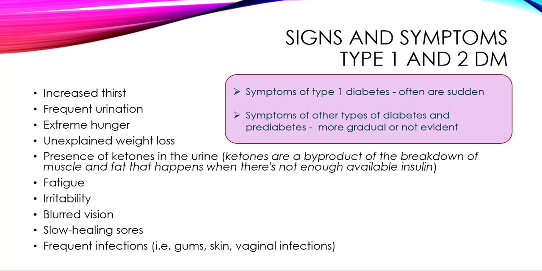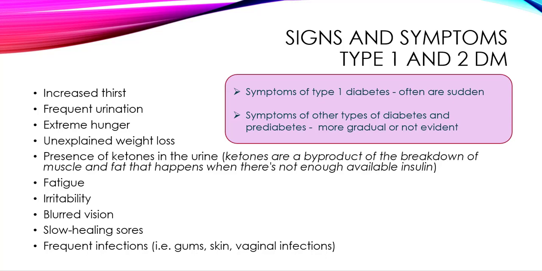Frequent urination happens because you are having to get rid of the ketones, which are the result of using muscle and fat for energy instead of glucose. And then, of course, the more you urinate, the more fluid you are losing from your body, and so that's going to make you thirstier. So then we see increased thirst.